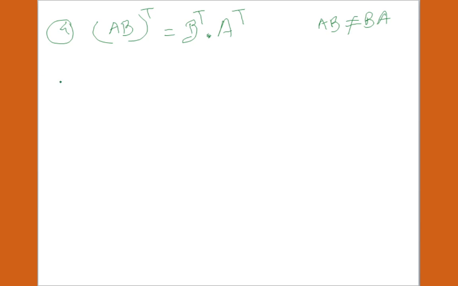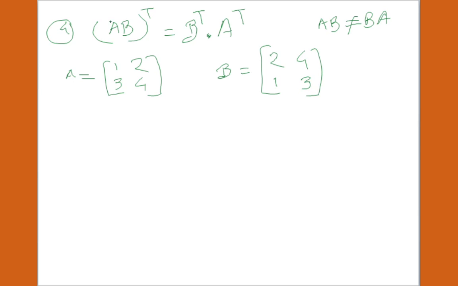So let's take an example. A is 1 2 3 4. B is 2 4 1 3. In the first case it is A into B. So let's find A into B. Corresponding element multiply: 1 into 2 plus 2 into 1.